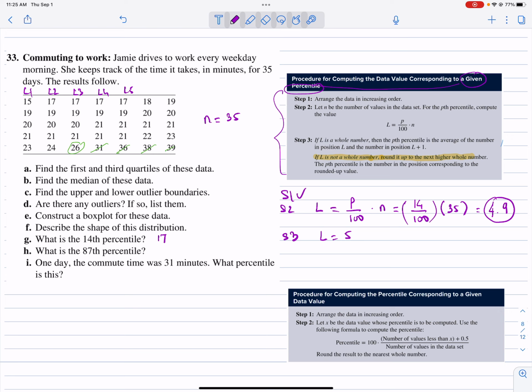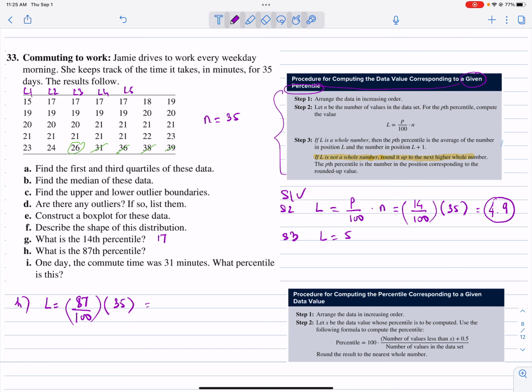Similarly for problem H. Step number 1, we need to arrange the data, and we already have it in order. Now we find the location. 87% means 87 out of 100 of 35.